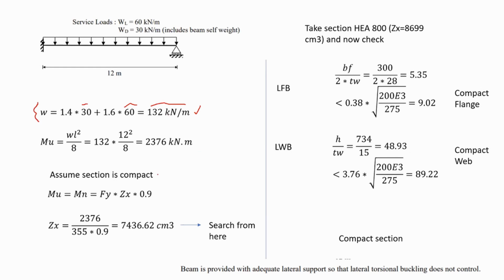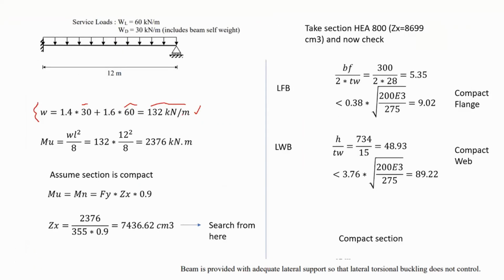Now I'm going to find the ultimate moment that is applied on my beam. So how would you find the ultimate moment as a reaction from the distributed load? Well, you have to actually draw the moment diagram. And if you consider such a system like this, roller and fixed support, it's actually indeterminate to the first degree. So I'm not going to get into that detail.